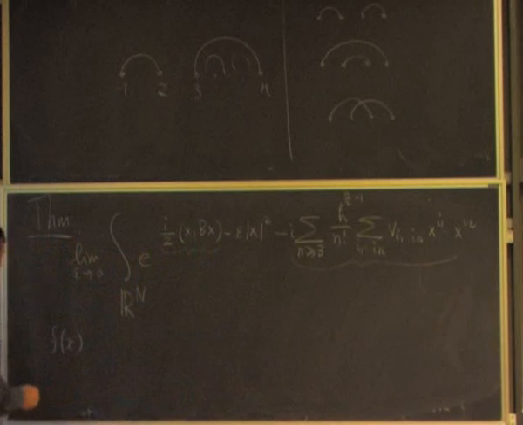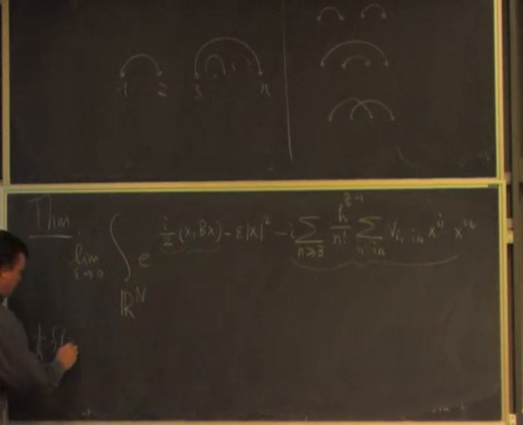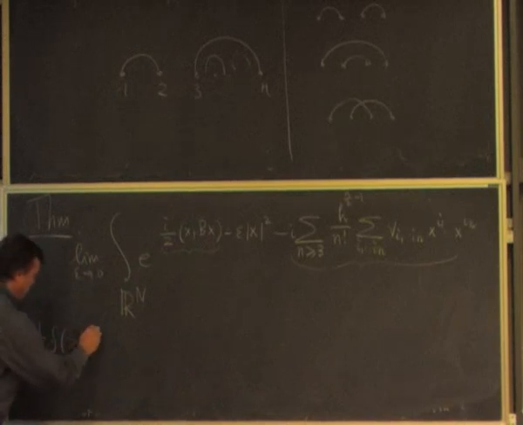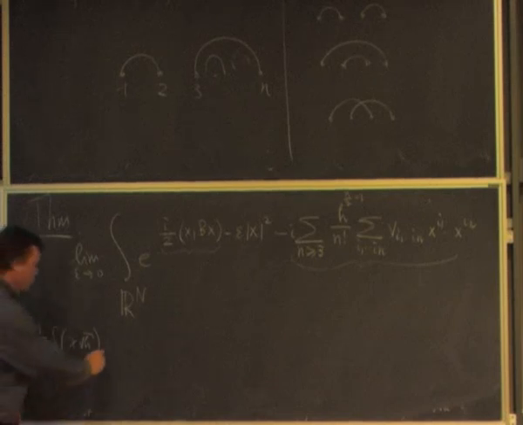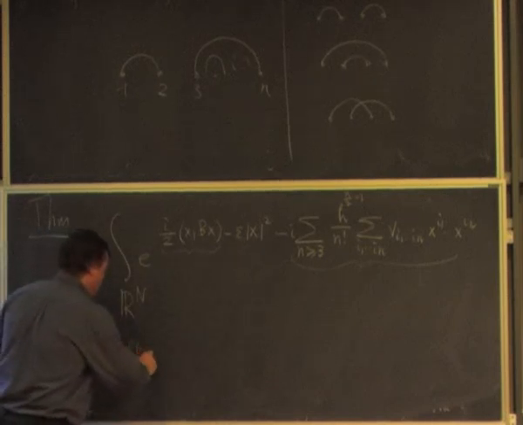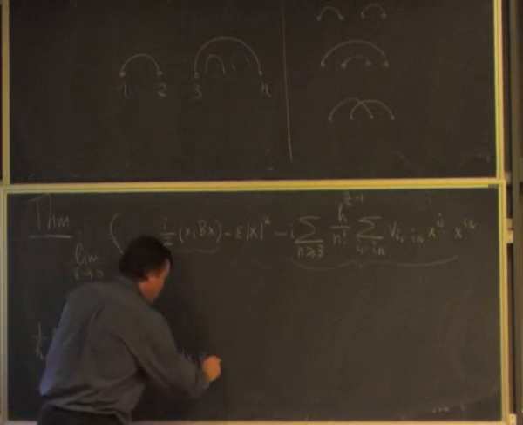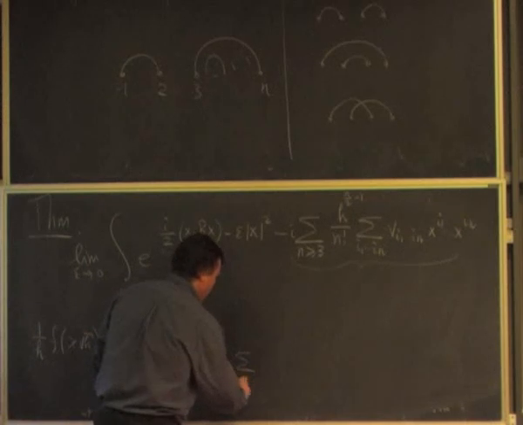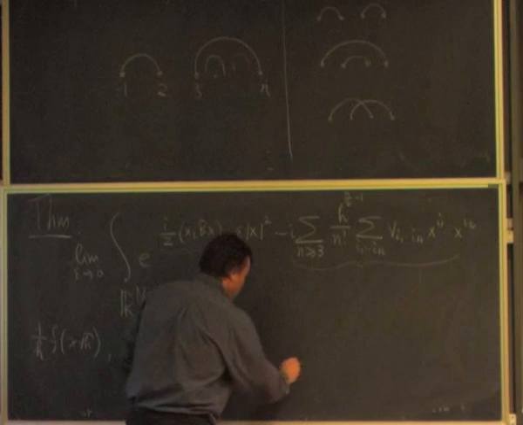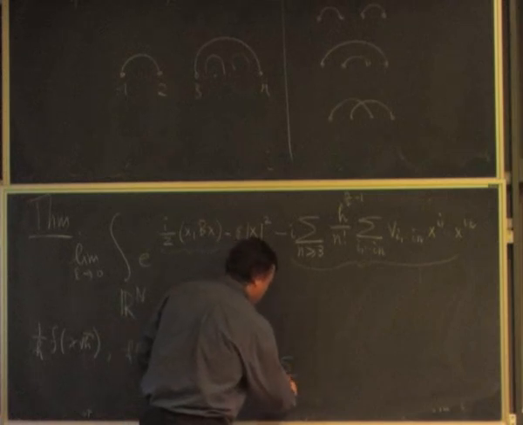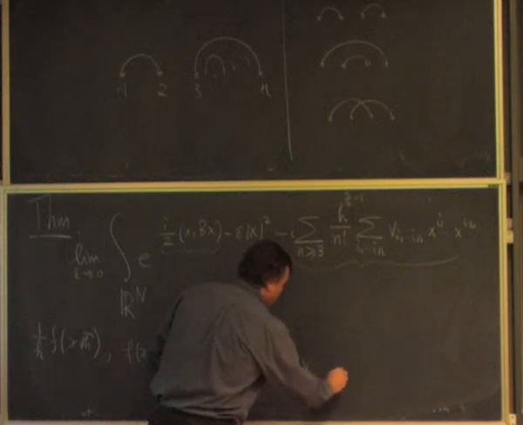So you can think of this as a formal power series associated to a function which has the Taylor expansion x B x minus the sum over n of 1 over n factorial, sum over i1 through i_n of d_{i1...in}.